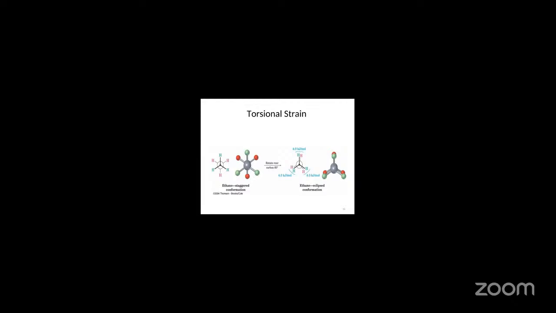But when they rotate at an angle of about 60 degrees, they form eclipsed. They come close together. In this eclipsed form, the strain and energy are high because they are close together. Like when two people are close together, you start sweating because energy is high; you're releasing energy to the environment.